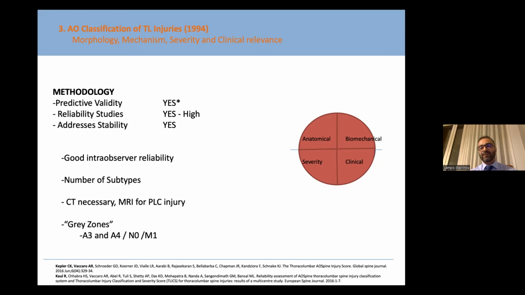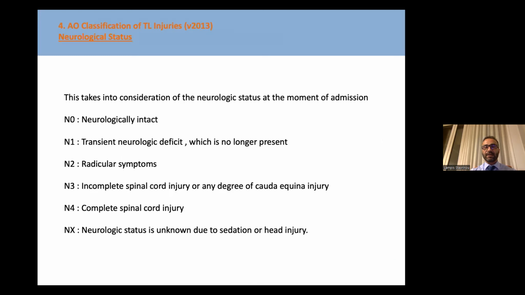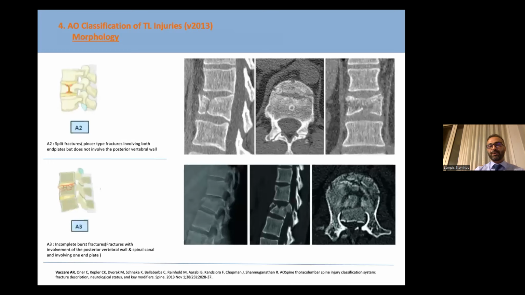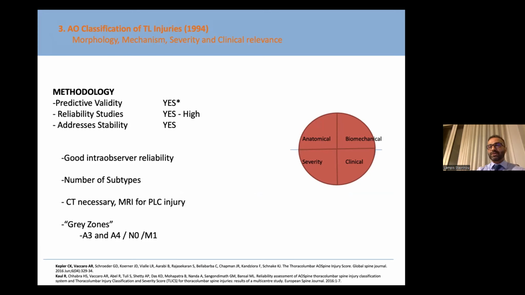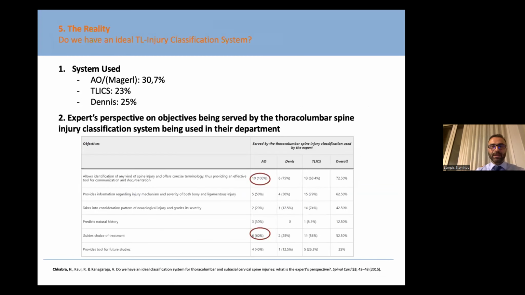And then we have the gray zones that I mentioned earlier regarding the A3, A4, and M1 fractures, which means the A3 fractures. All right, these are the ones that I showed you before, the incomplete burst fractures and the complete burst fractures when we don't know what the situation of the posterior complex is, and the patient is otherwise neurologically intact. All right.